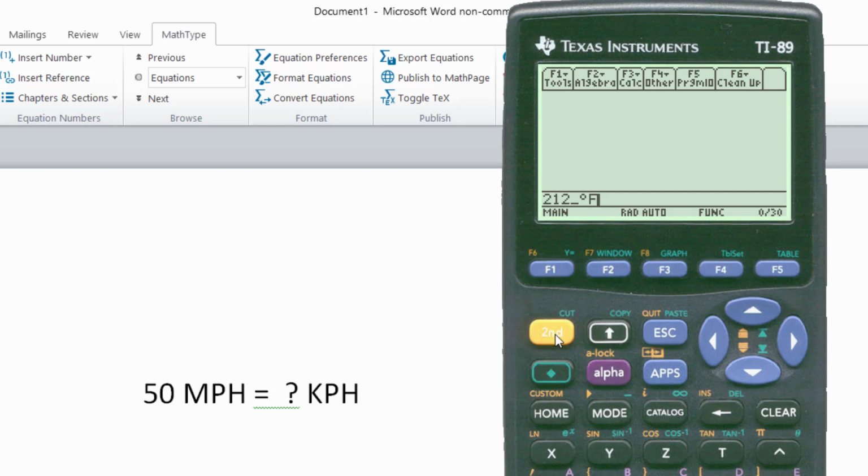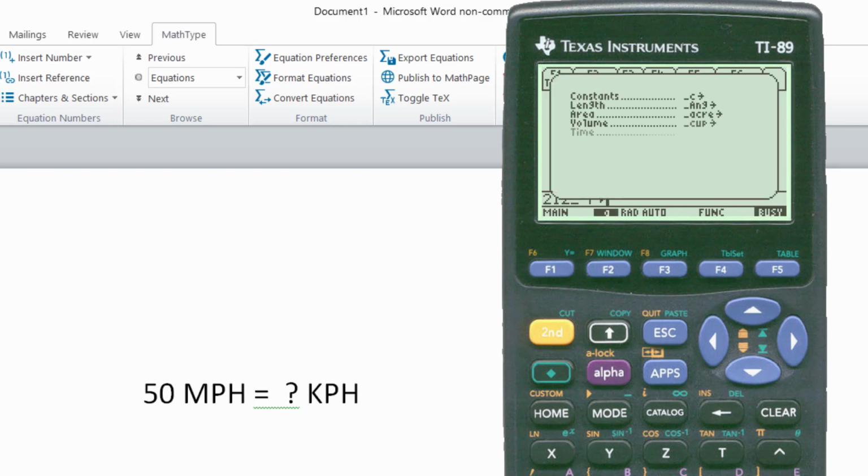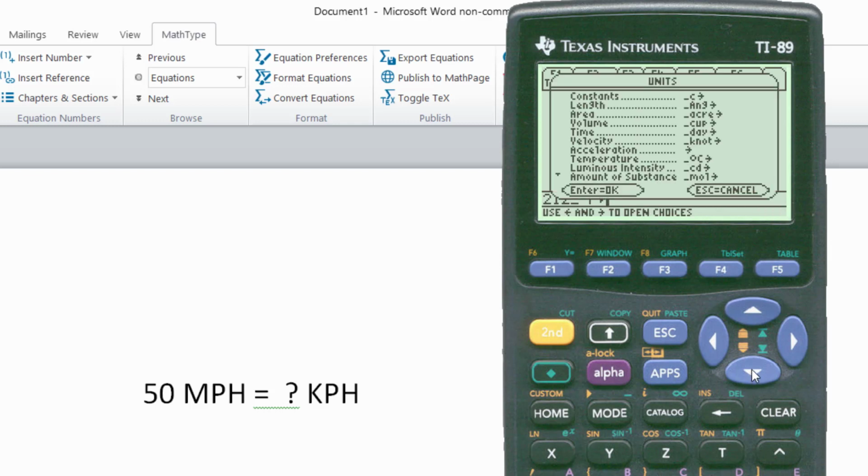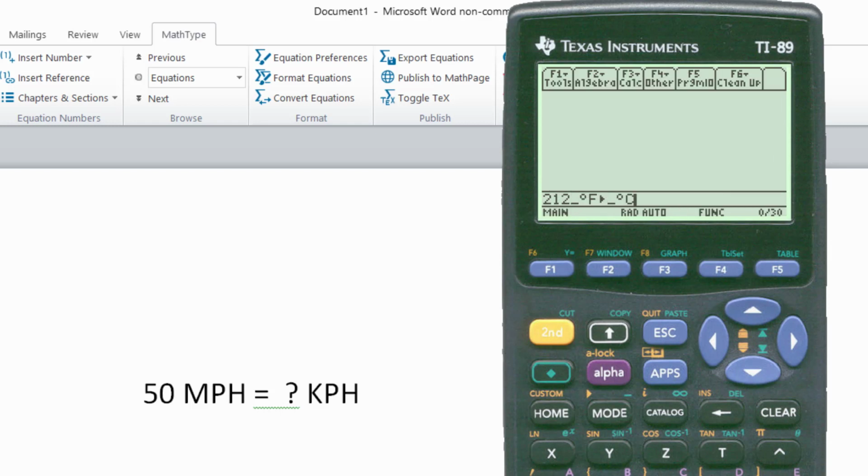So again, second and then mode gives me this arrow here, and then back to the units menu. And then temperature again, and then I want centigrade, so hit enter. So notice this is set up the same way as the other one was. So if I hit enter, it should convert it for me. Let's see if it does.